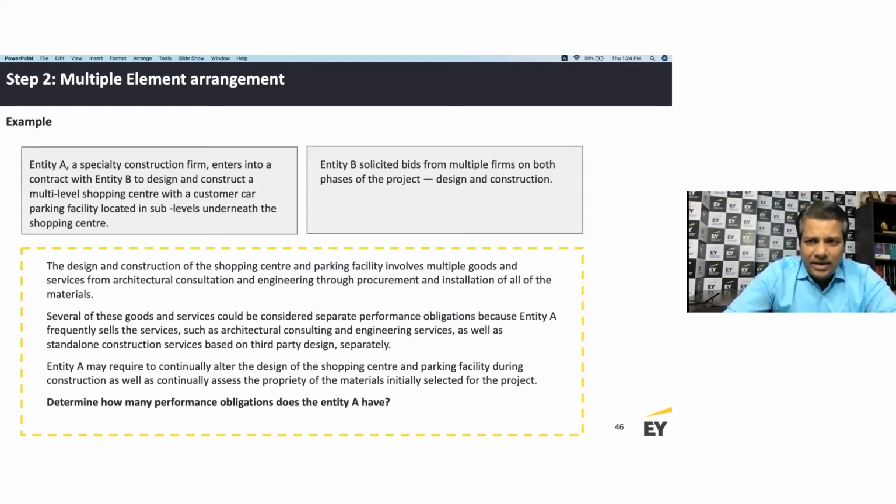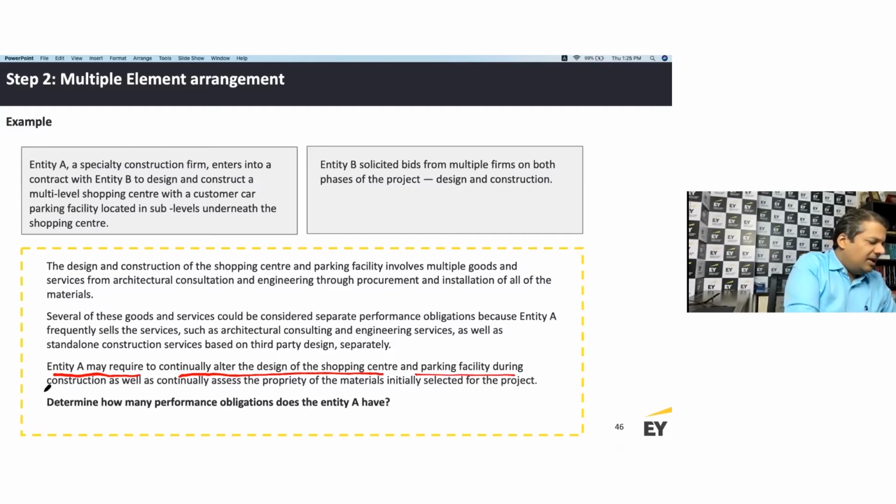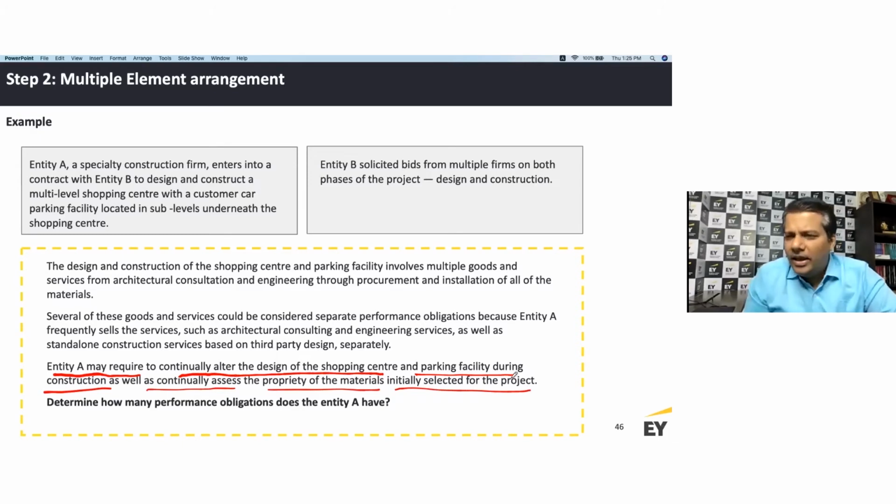Is the design a separate performance obligation and construction a separate performance obligation? The question suggests entity A may be required to continually alter the design of the shopping center and parking facility during construction, as well as continually assess the propriety of the materials initially selected for the project.